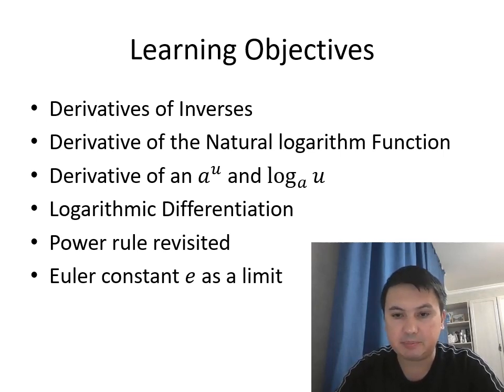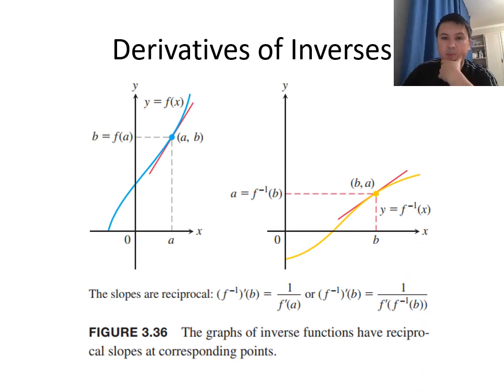Let's get started. If you remember, how do we take the inverse of a function? Well, in the graph, inverse simply means you reflect the curve along the y equals x axis, and then it becomes a graph of something like this.